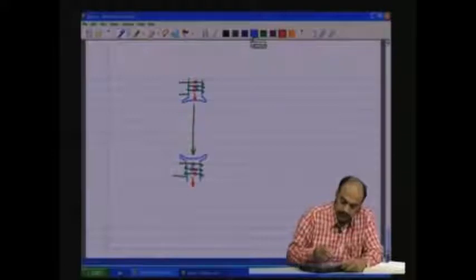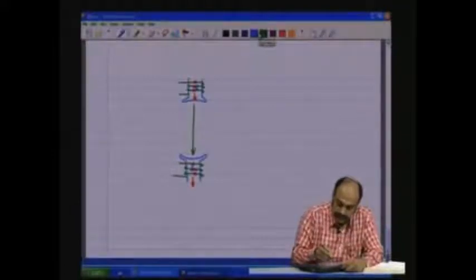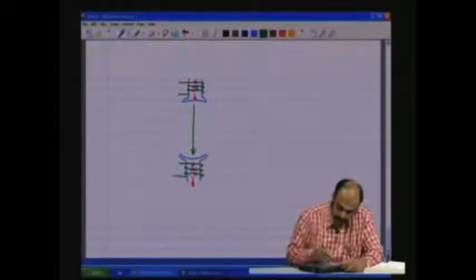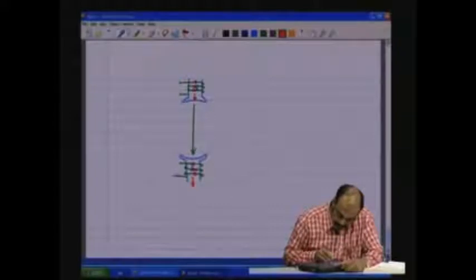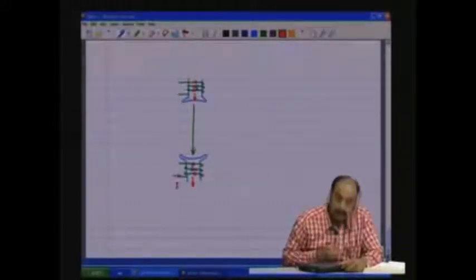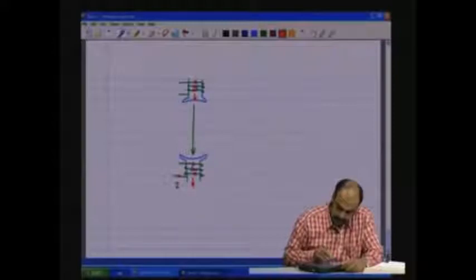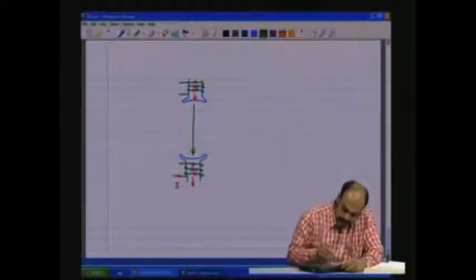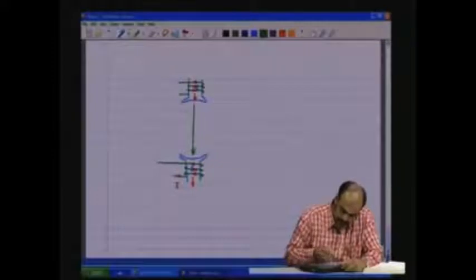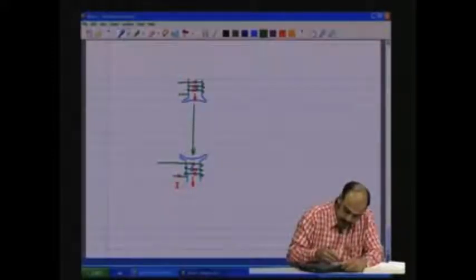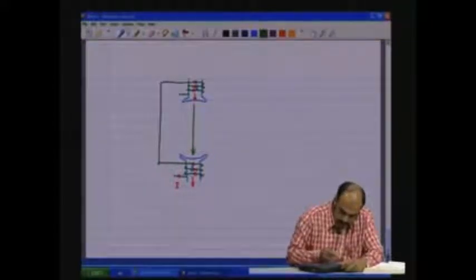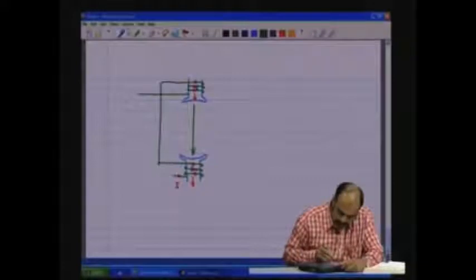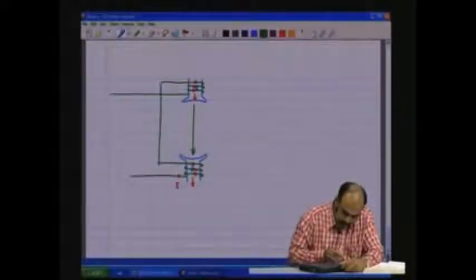Now, we want to have the same current to flow through both, that is a current, let us say I, which flows through this coil, and let us link this coil to this, and this is brought out and then given to a source.